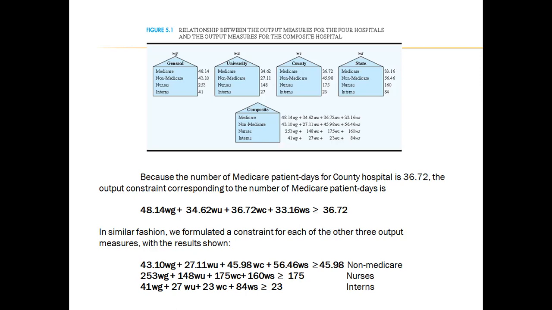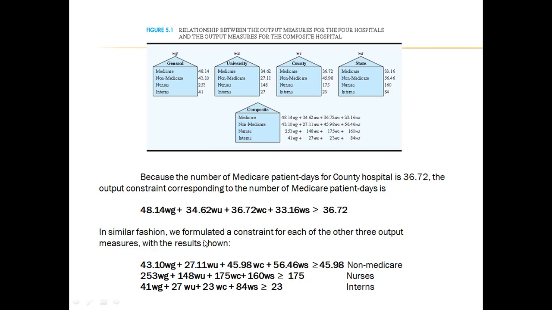So this is like the other one, the constraint that we have for the composite hospital. This is the one that you can see under the composite house, the first row, plus 33.16, 36.72, which is the first one that is under the county house, or the WC house.